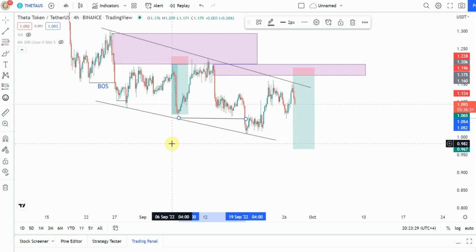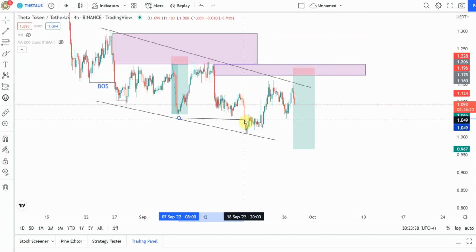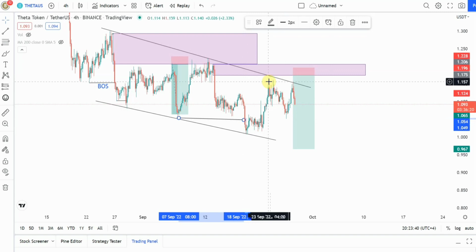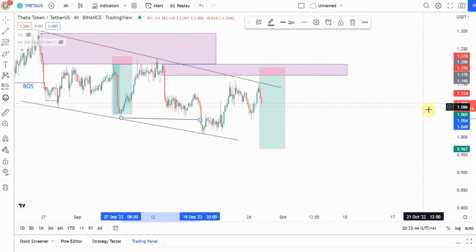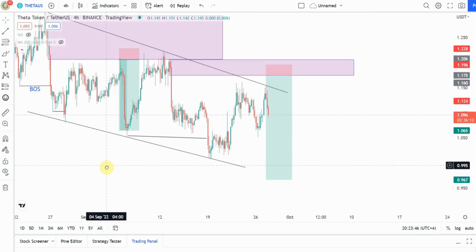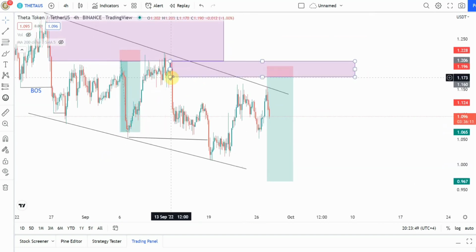So normally after a break of structure here, I need to look for sales around this level. The last buy candle before this sell happened is here, and it took out this liquidity.